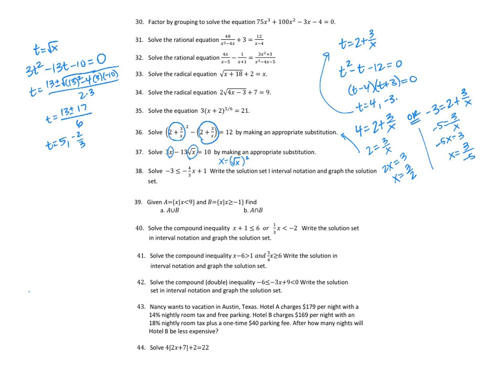So I can plug that back into this original thing to solve for x. So I get that 5 is equal to square root of x, or negative 2/3 is equal to square root of x. And so I can square both sides. I get 25 equals x.